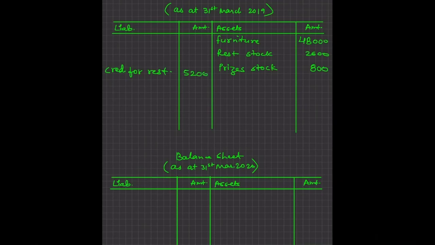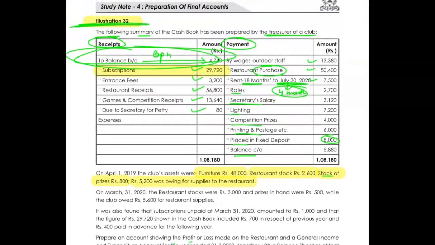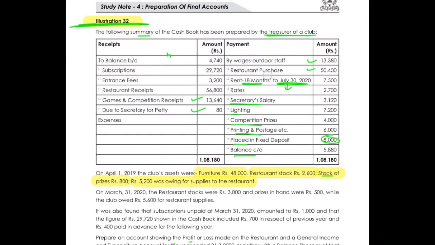5,200 is from them. We also have a further information about the cash and bank balance from our receipt and payment account. Yes, where is our receipt and payment account? So here we have, let's rub it again. Here we have balance brought down of 4,740 rupees.